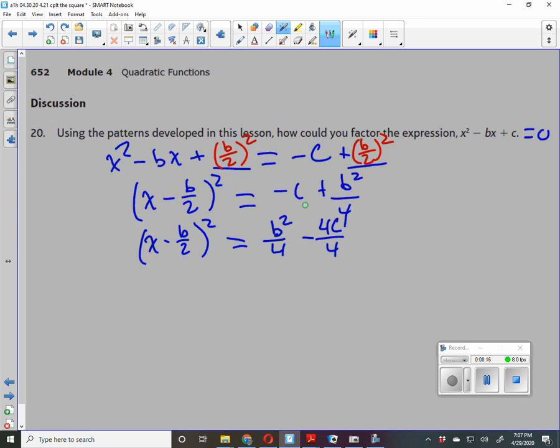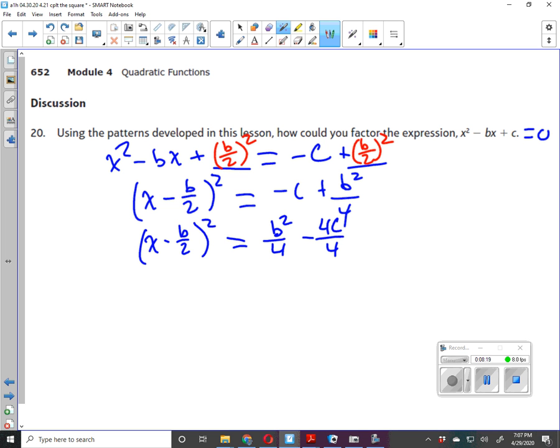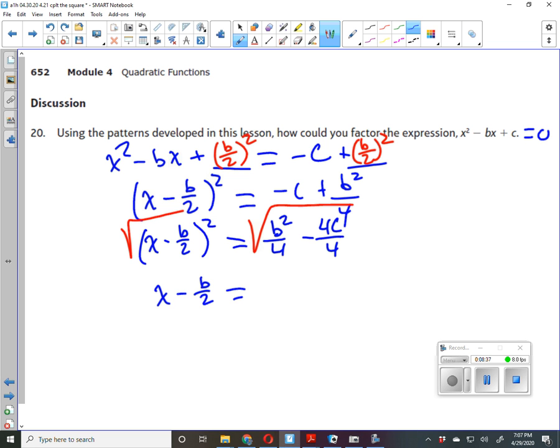This didn't have a denominator here, now it does, right? If I put a 4 here, I got to multiply it by 4 here. And now what I'm going to do is I'm going to go ahead and take the square root of both sides, and by doing that I got x minus b over 2 equals plus or minus, and this becomes b squared minus 4c all over 4, right?